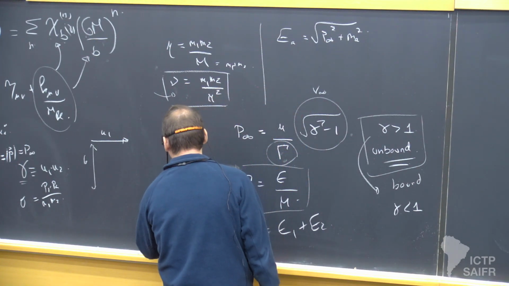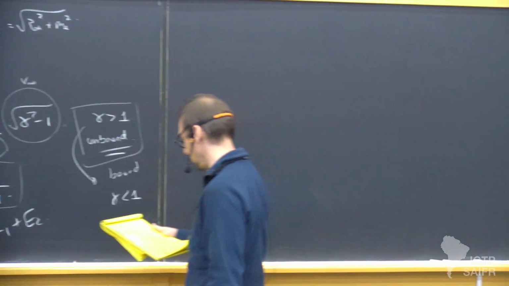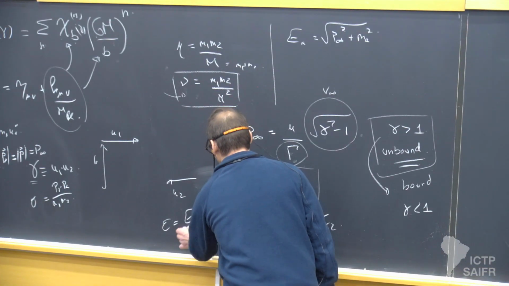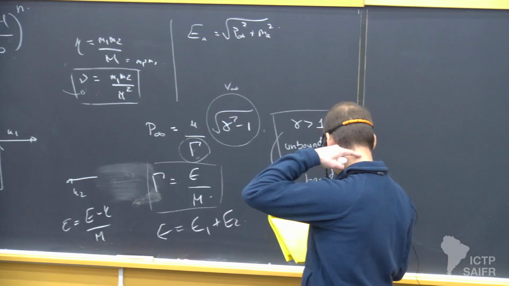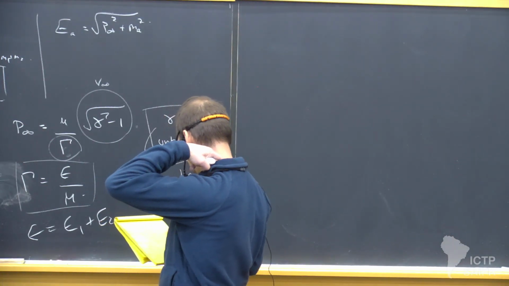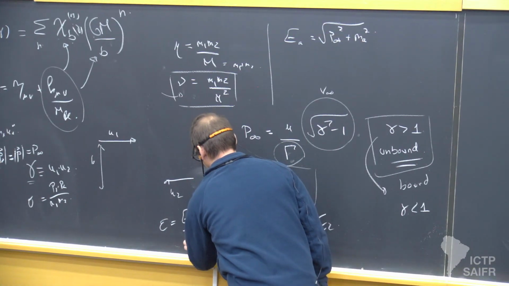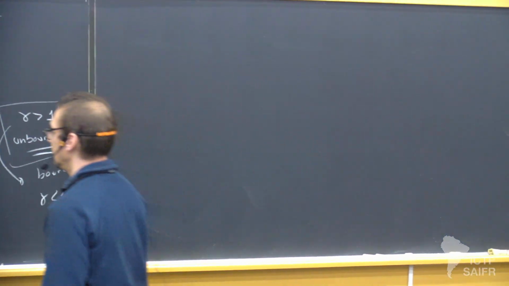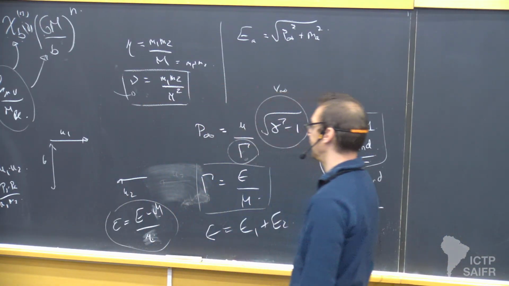Sometimes, I don't remember how other people call it, I think we always call it epsilon, which is the binding energy, E over M over mu, sorry, the other way around. And that's good because this is what determines if you're bound or not, right?